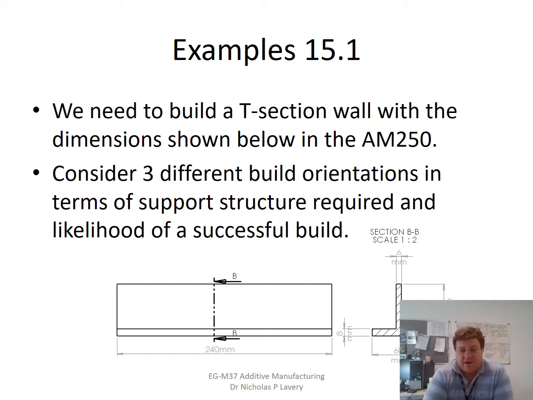What we're going to look at is a relatively simple component, which was part of the Amaze project, which finished last year, and it is deceptively simple. It's a T-section, 240 millimeters long, with a wall coming up which was 6 millimeters wide, and a 60 millimeter base. This was to be built in titanium 6-4 alloy.